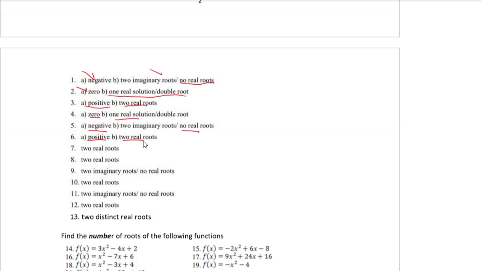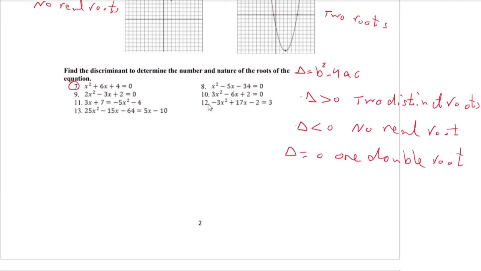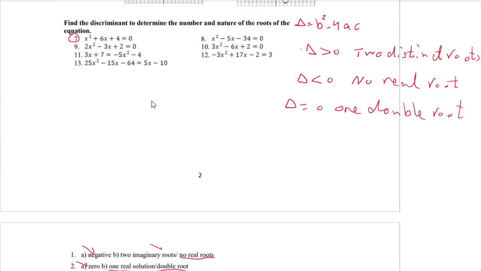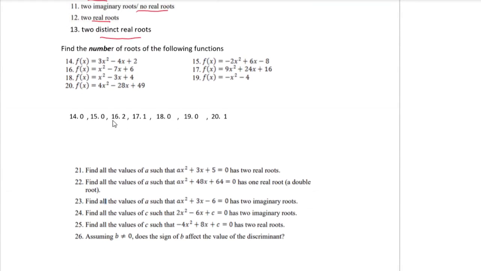Here delta is positive, two real roots, so two distinct roots. You may check your answers by a simple calculation. Just calculate delta and find the discriminant. It's very easy.